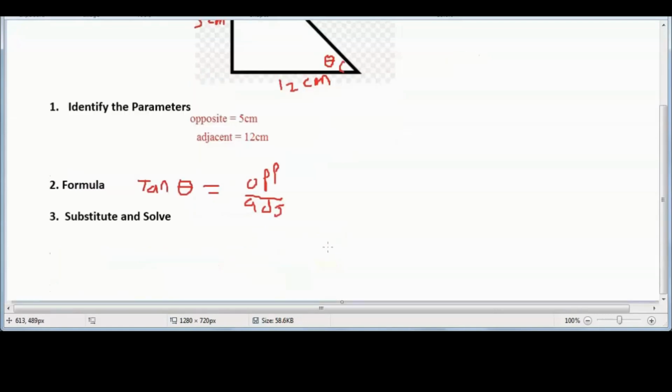Why? Because the parameters we have on ground are opposite and adjacent. So the formula for calculating the tangent of the angle theta should be used. Now substitute and solve. Substitute the values into the formula.